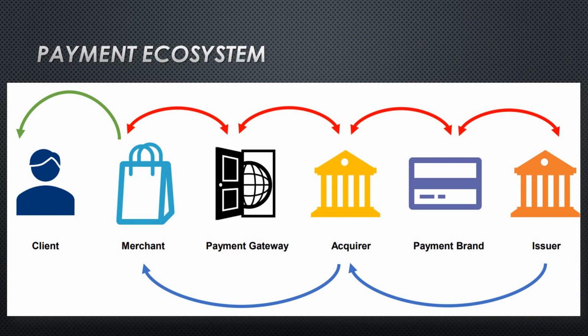The acquirer is the bank of the merchant, or the supermarket, in which it has the account. The issuer is my bank, in which I have the account, and the payment brand or payment gateway is the big companies, for example MasterCard and Visa, who act as a gateway between the client and the merchant. So in the payment ecosystem there is a whole process, and these are the major characters included.